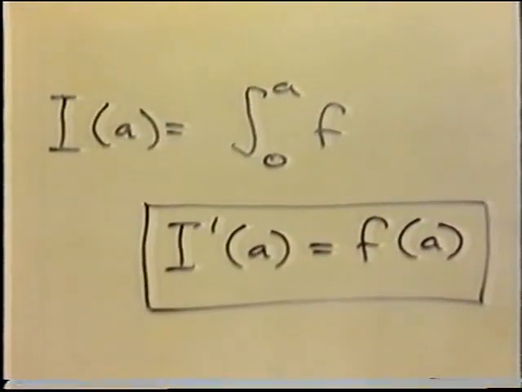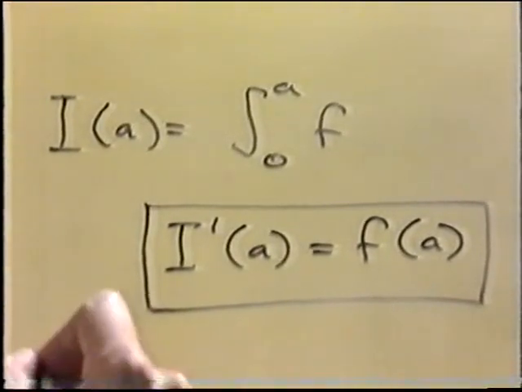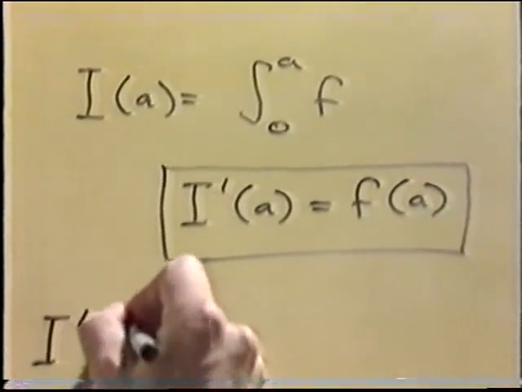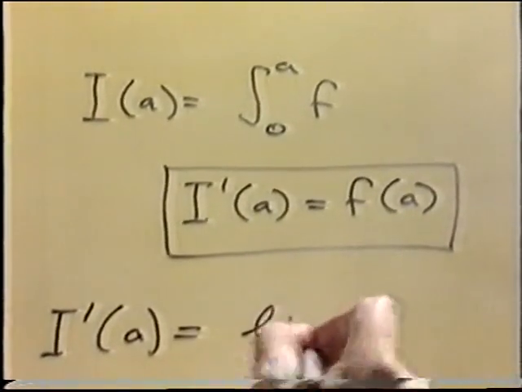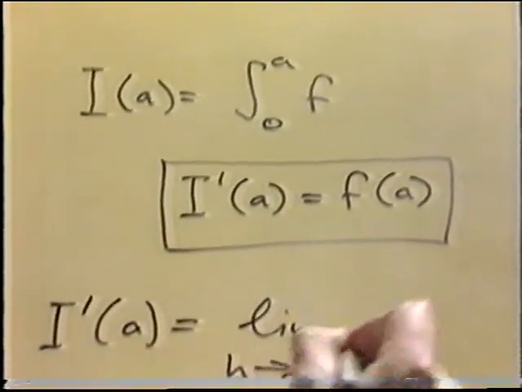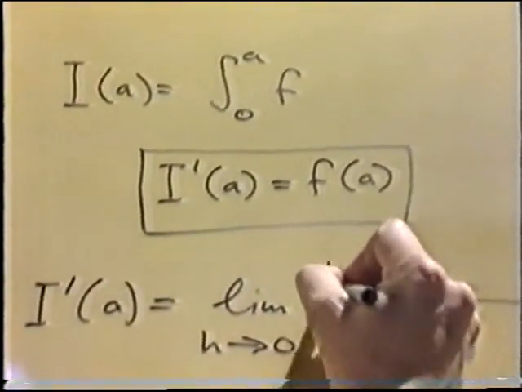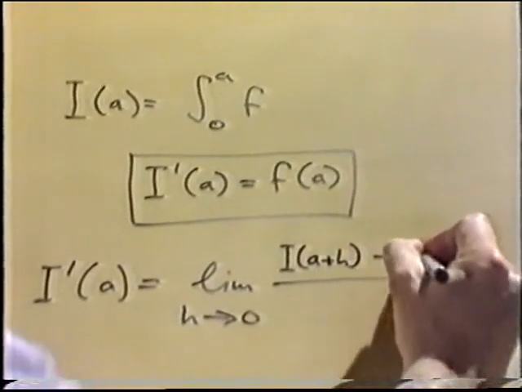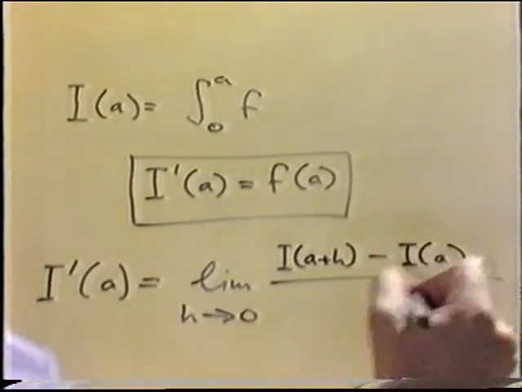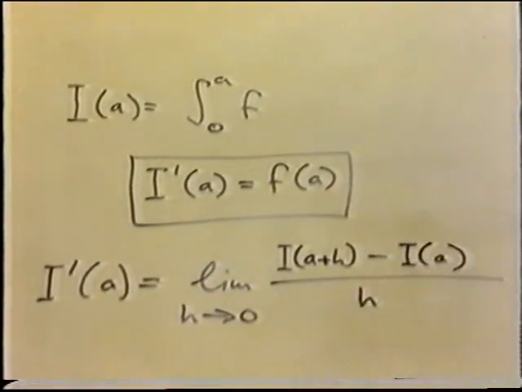So we need to look at the definition of I prime of a. Here it is. It's a limit, as h tends to 0, of the function value at a plus h minus the function value at a divided by h.